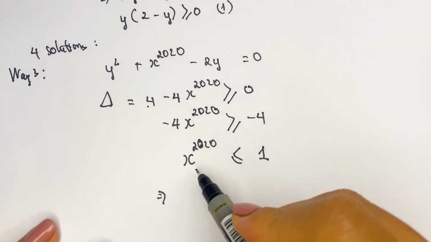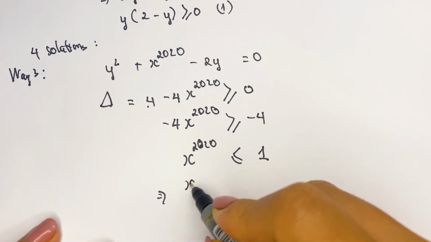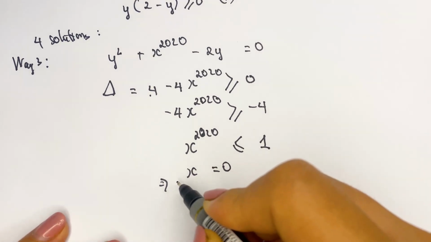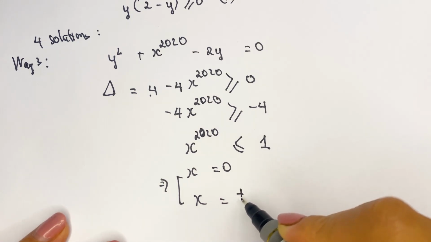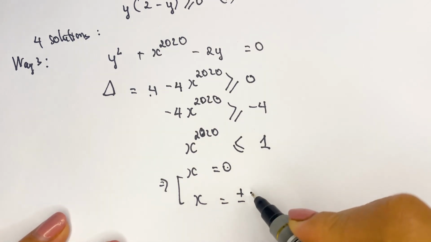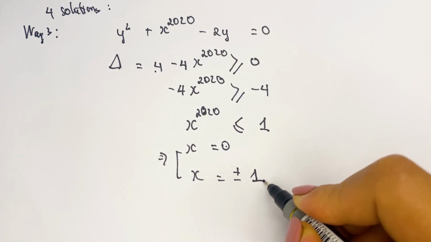And next one, because x is an integer, therefore we need to have x equals 0 or x equals plus or minus 1.